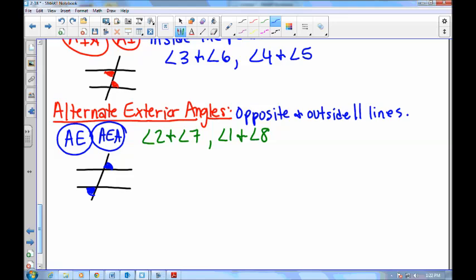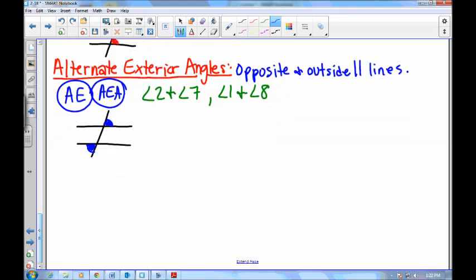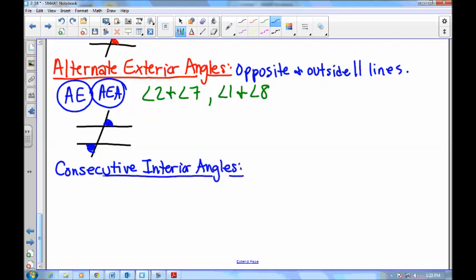CA is corresponding angles. This is consecutive interior angles. Yep, CIA. Again, these words make sense.